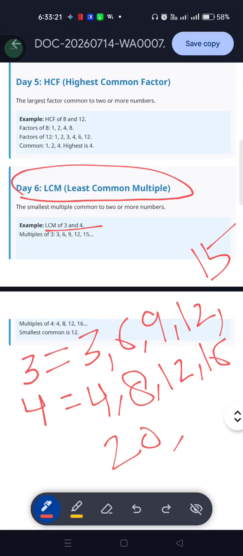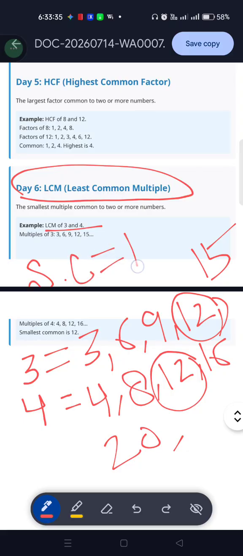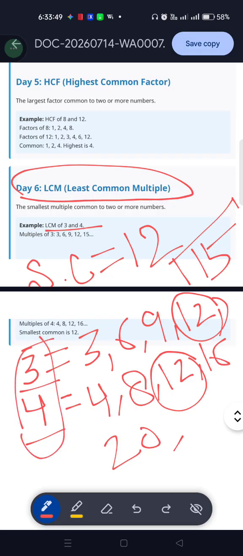That is 12. So the smallest common multiple is 12. We can write here smallest common, which we are getting as 12. That is the smallest common we are getting in the multiples of these two numbers, 3 and 4.